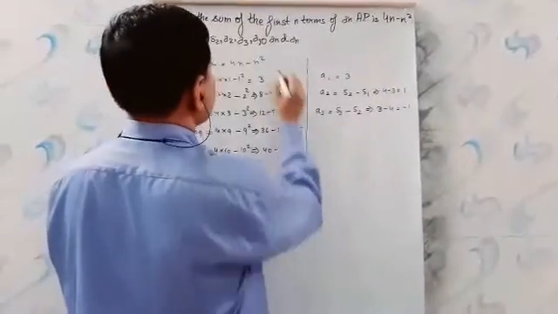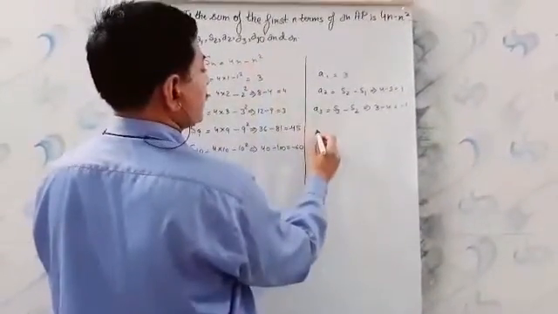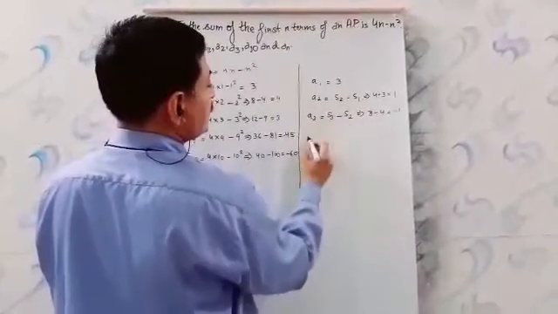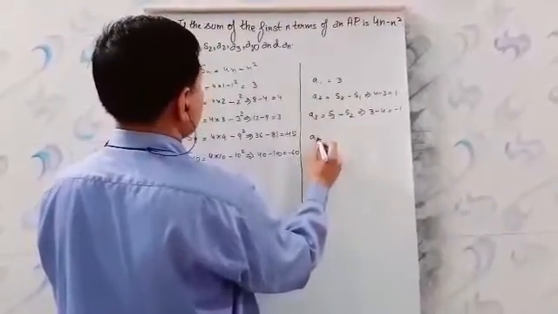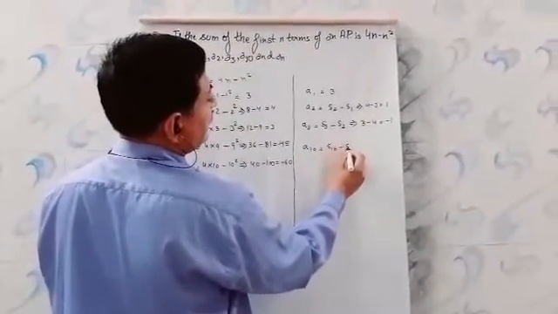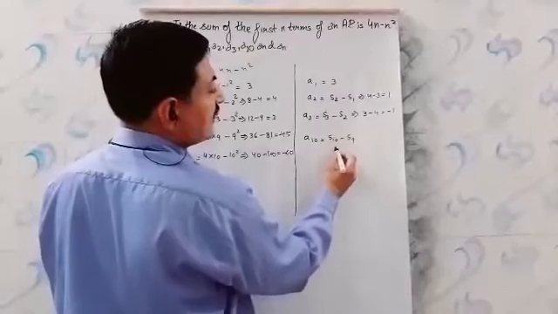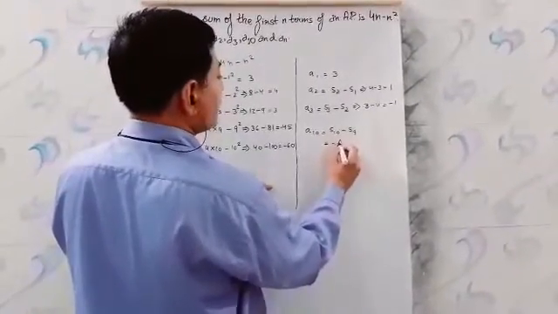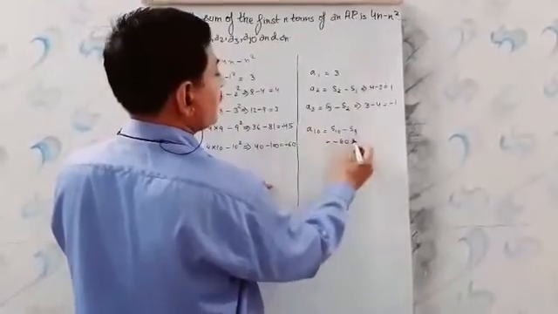Now see, what we have to find is the 10th term. Just like the third term equals S3 minus S2, A10 will be S10 minus S9, meaning the sum of the 10 terms minus the sum of the 9 terms. S10 is minus 60, and S9 is minus 45.